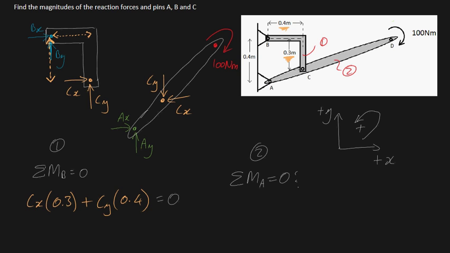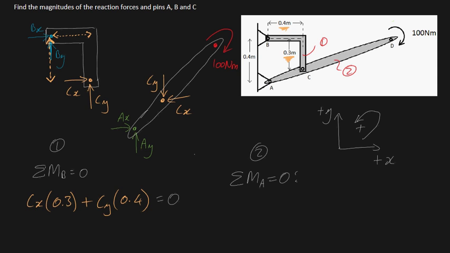As a little hint for these types of problems, it's always good to choose the sum of moments around the point whose variables you do not want in your equation. So I chose point A because I didn't want an equation in terms of Ax and Ay. That way I can get an equation in terms of Cx and Cy so that I can solve for Cx and Cy. If that isn't completely clear, hopefully it'll be clearer later on in this video.